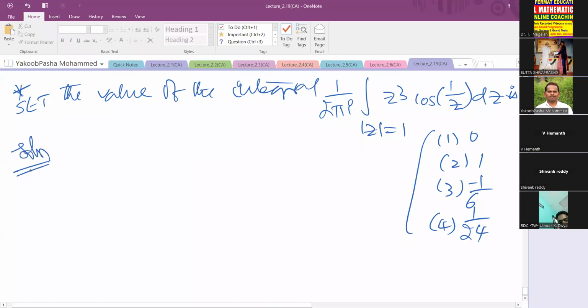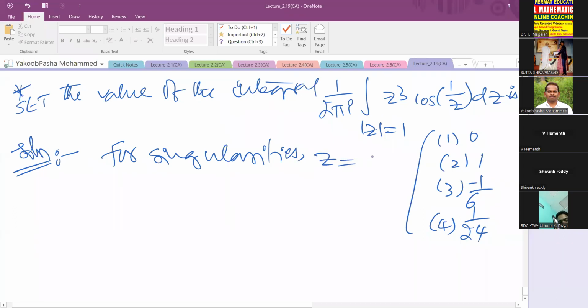So the procedure is the same. First, we have to take the singularities. 1 by z is not defined at z is equal to 0.